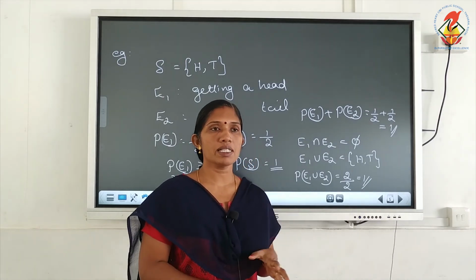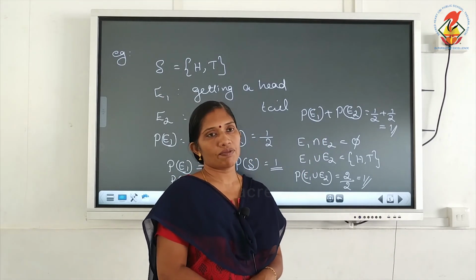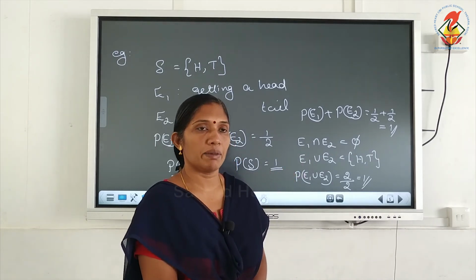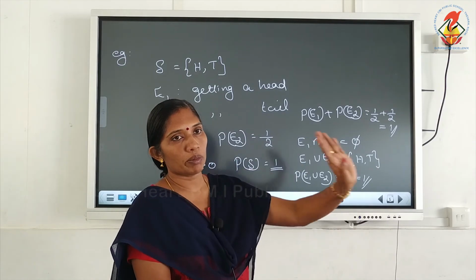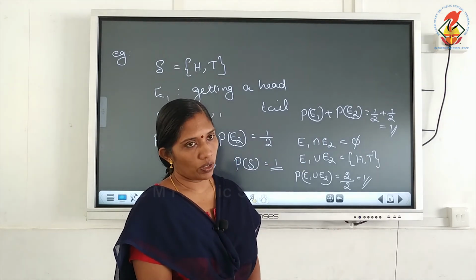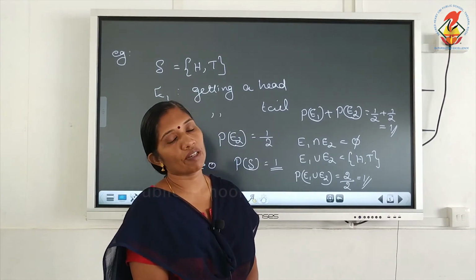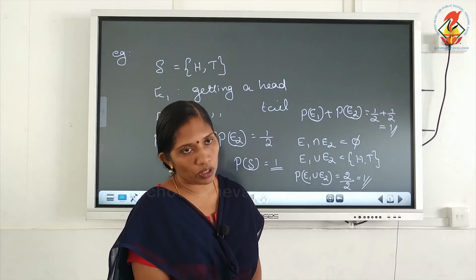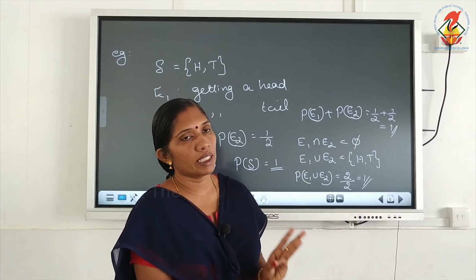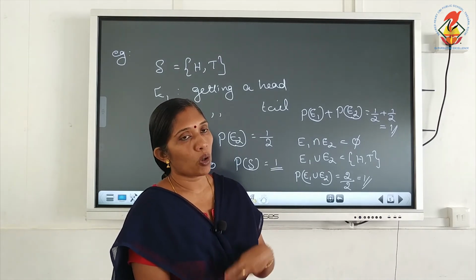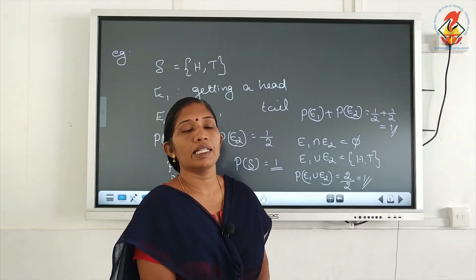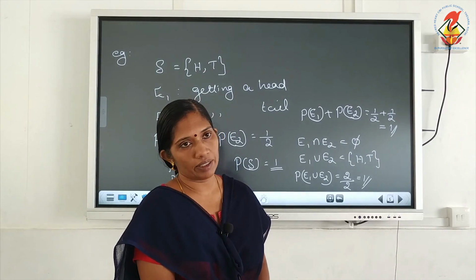The question is like this: does the assignment satisfy, or is it a valid assignment? You have to check. First you have to add all the probabilities. If it is 1, okay, and at the same time you have to check whether each probability is greater than or equal to 0. If the assigned probability is negative, or the total is more than 1 or less than 1, then that assignment is not valid. Okay.